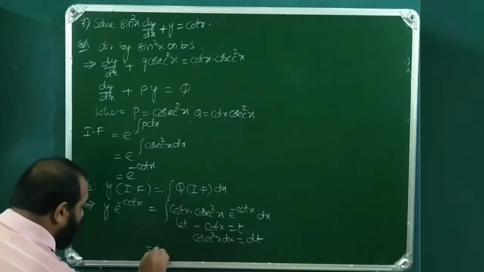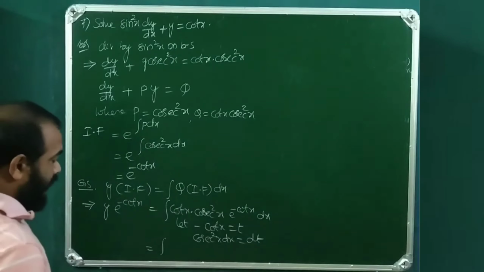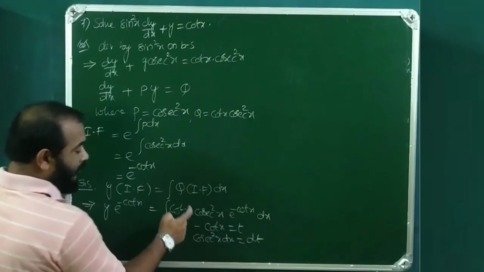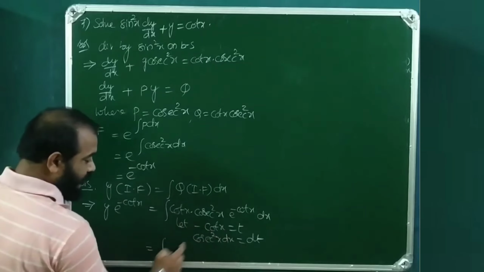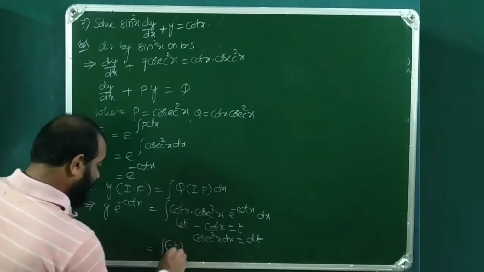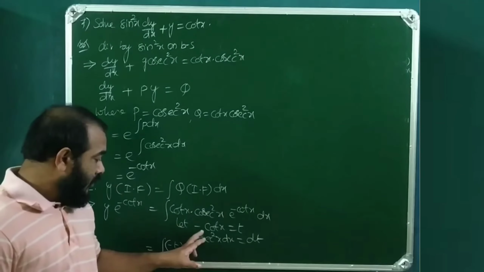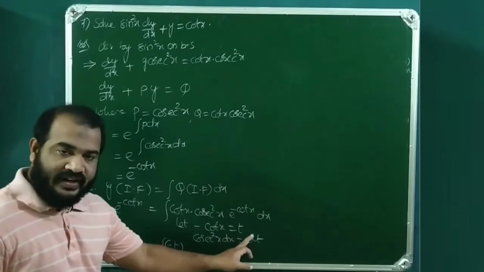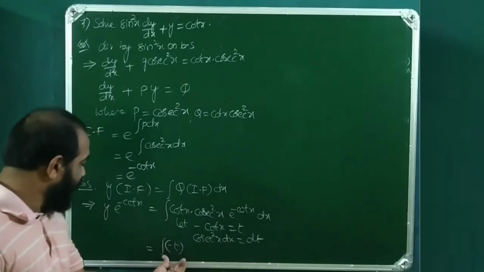So this is equal to the integral of cot x. Minus cot x is t. Multiply by minus on both sides, then cot x equals minus t.